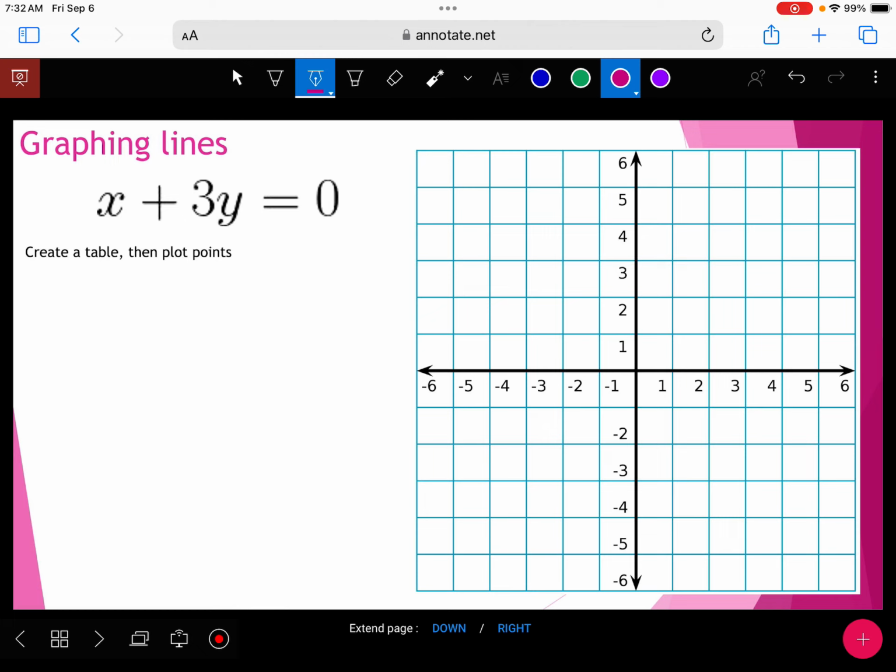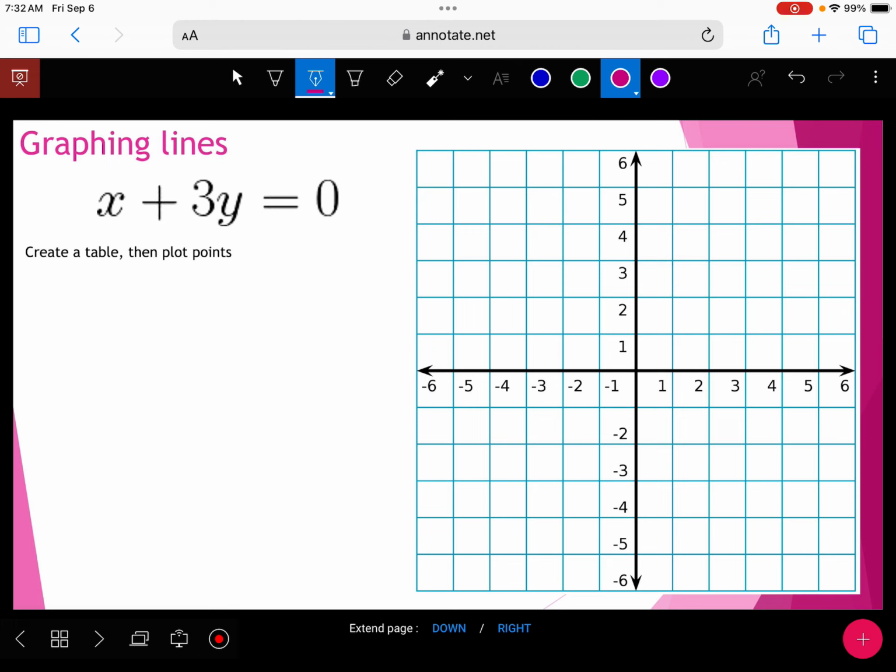All right, so here's our first one. So our first line is x plus 3y equals 0. And you can approach these with any of those options that we have.